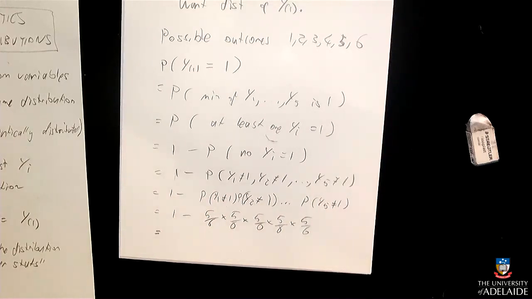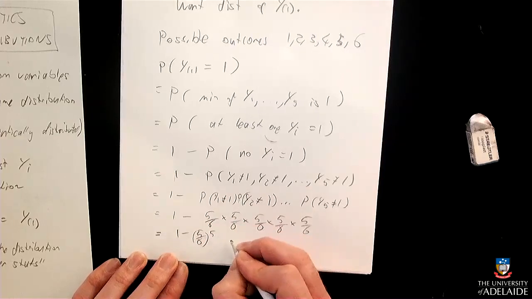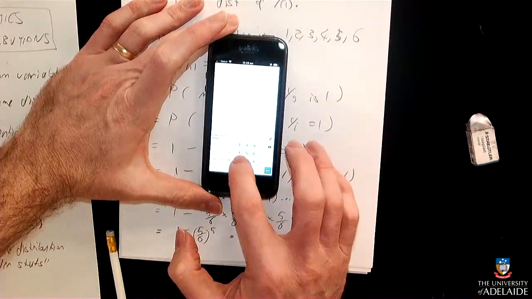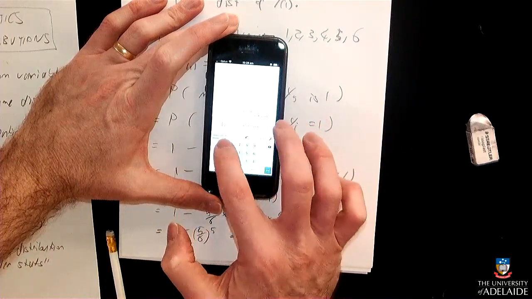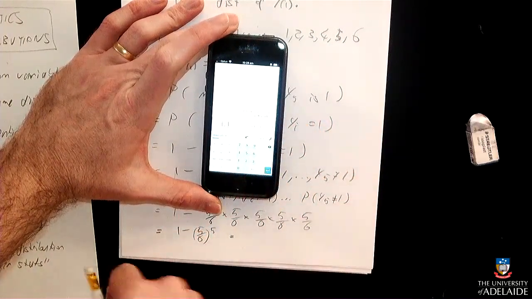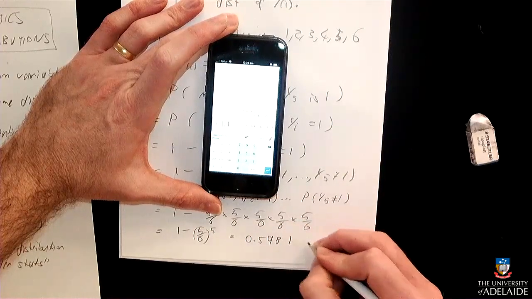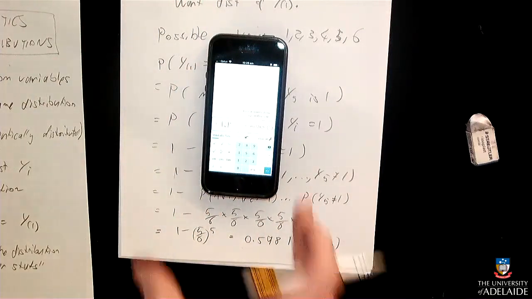I don't know what 6 to the power of 5 is. Okay, that's what it is, to 4 decimal places.